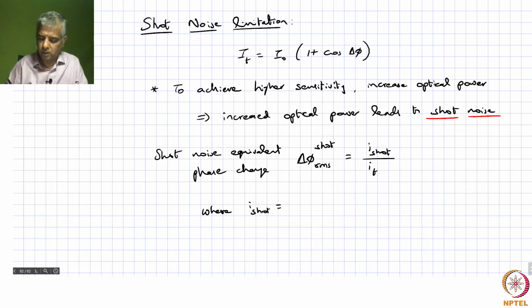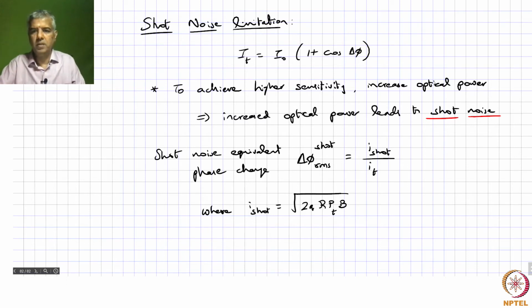When you look at the RMS noise current, that is going to be given by root of 2q, now instead of I_P, I would like to write it as responsivity multiplied by the power that's incident at the receiver, corresponding to P_T, multiplied by B, where B is the bandwidth of the receiver, right.